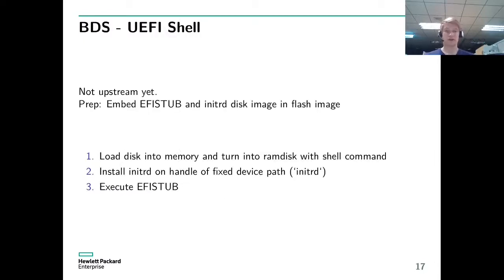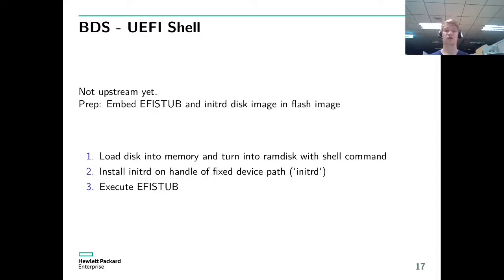So the next stage is the BDS stage, which in our case launches the UEFI shell. And the changes that we made here to boot Linux, we haven't upstreamed yet, like I mentioned. To be able to launch Linux, you need to do some preparation because we don't have a disk driver for the SD card for the HiFive Unleashed.